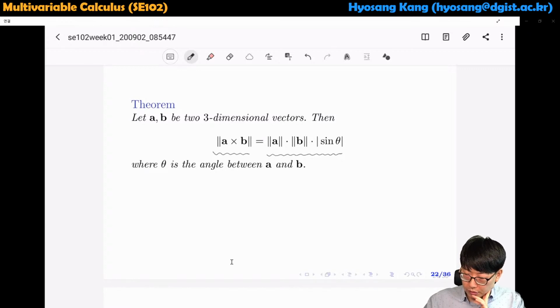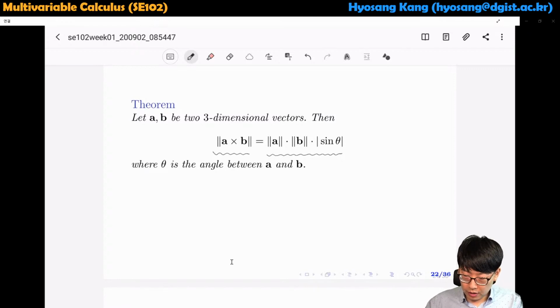So you can also prove this using the cosine and sine rule, but let me give a specific version of the proof of this theorem.